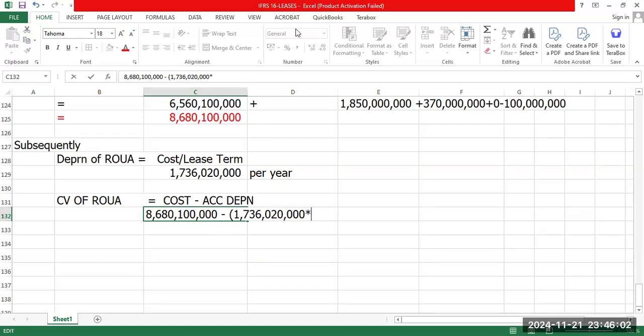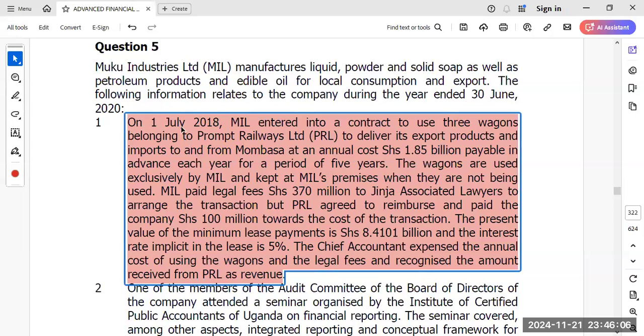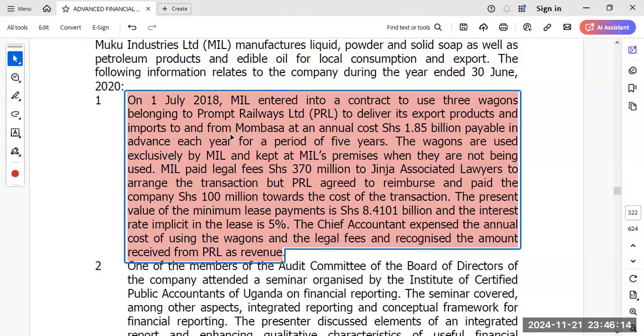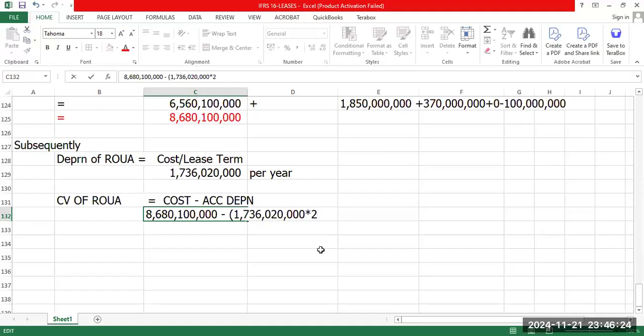From the time you entered into a lease agreement, the lease agreement is on 1st July 2018. The reporting period is 30th June 2020. So how many years? So 2019 and 2020. So those are 2 years. Times 2 years.